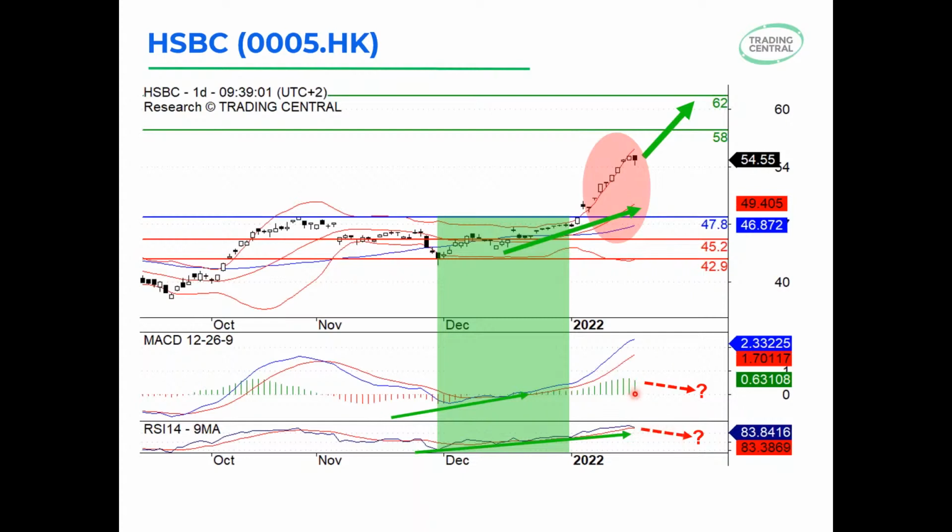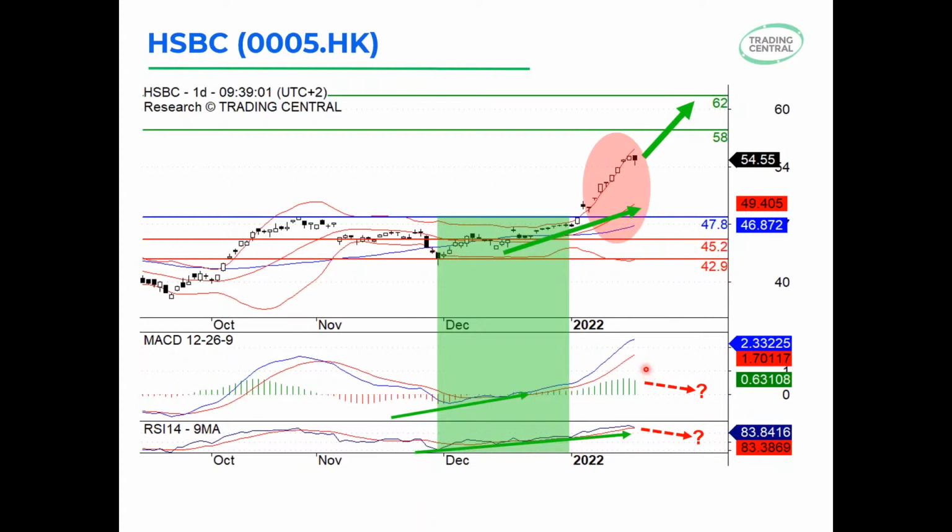Also, you can see that the MACD histogram is becoming less positive. It's coming back down slightly. So if you are going to be aggressive on this stock, you have to make some more observations and think twice.